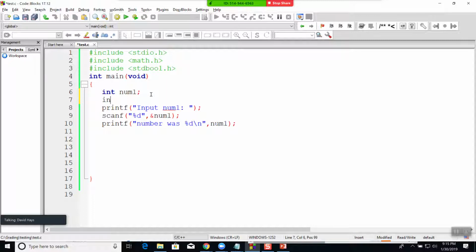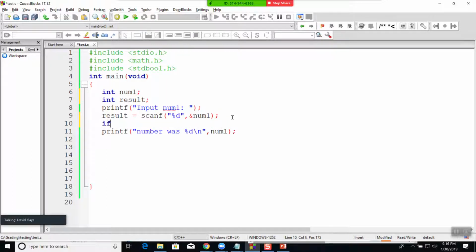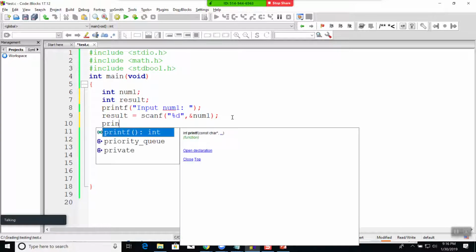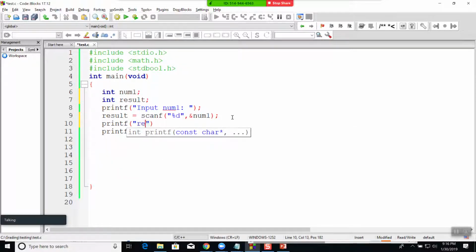So what they're indicating is that this actually returns an integer. Let's see if that's true. Let's say I got a result, and I'm going to say result equals scanf. I wonder what a good result is. Let me print out the result. Result is %d \n result.